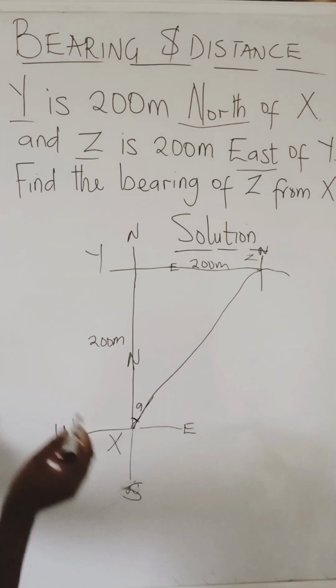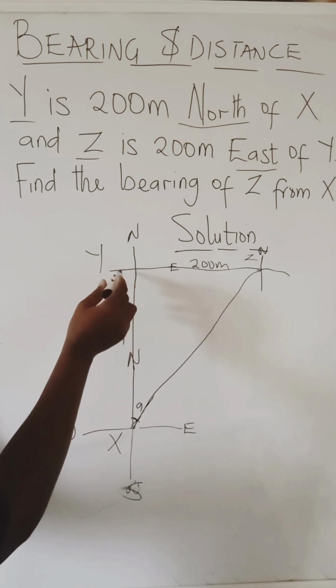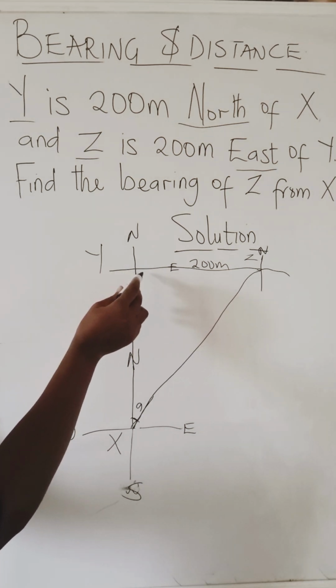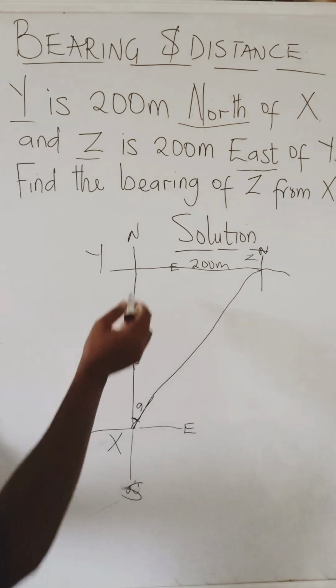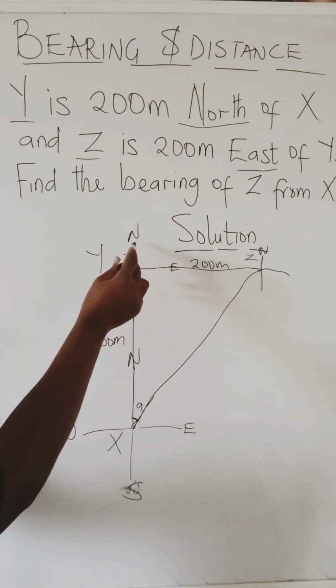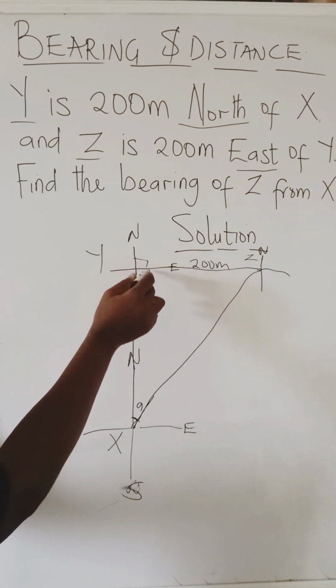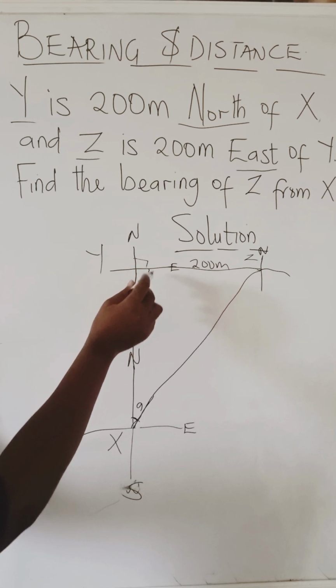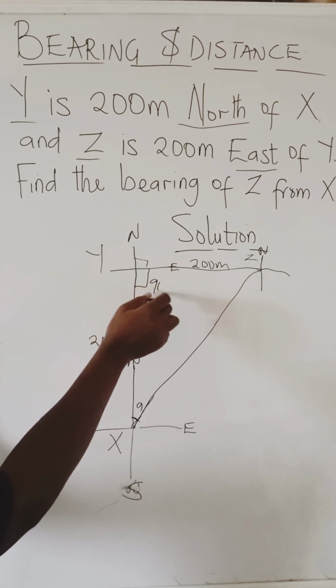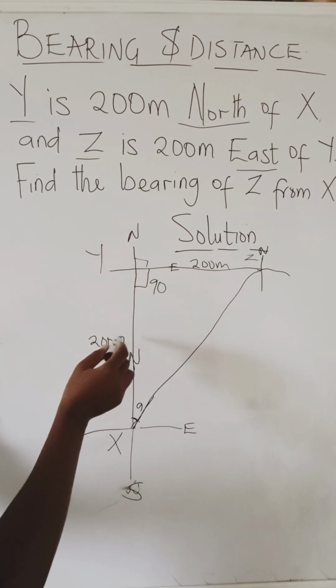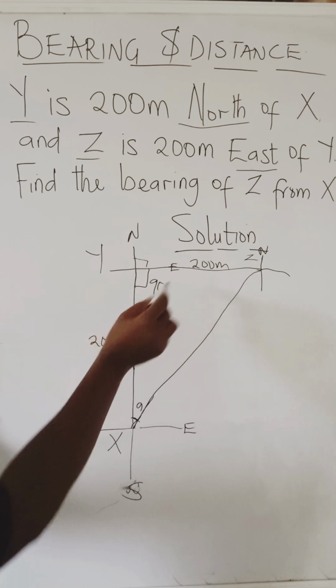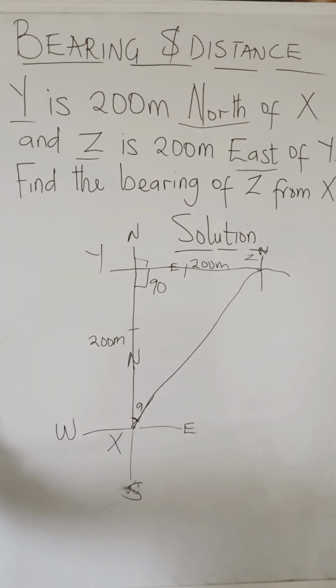Now, because we said the angle between one cardinal point and the next is 90 degrees, the angle here is also going to be 90 degrees. Because this side is 200 meters and this side is 200 meters, they are equal distances.